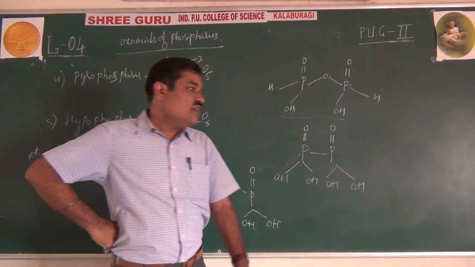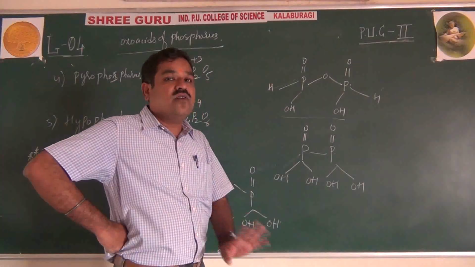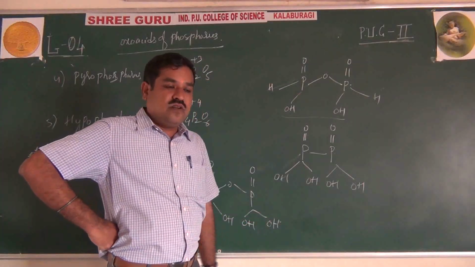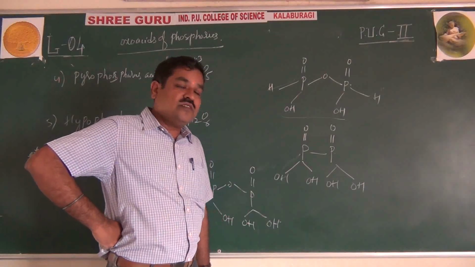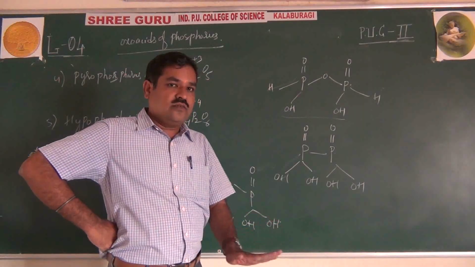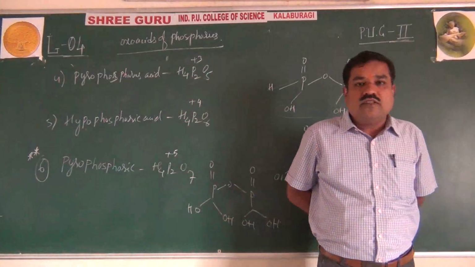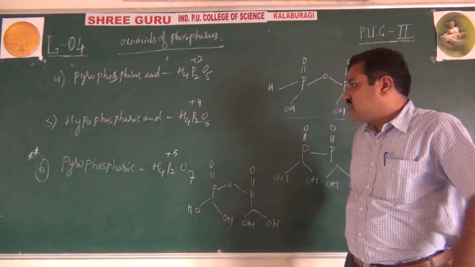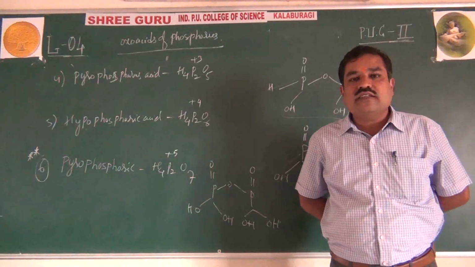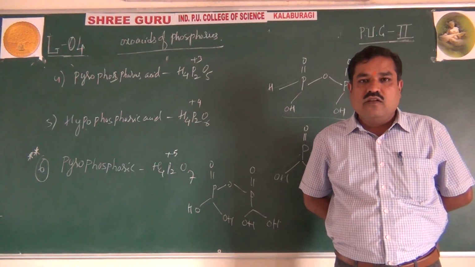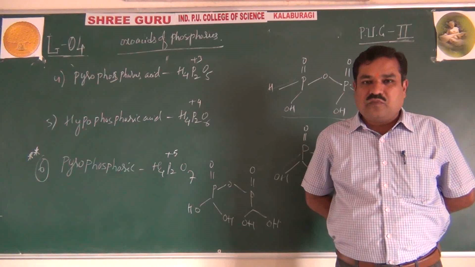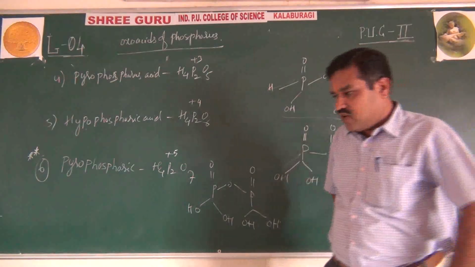That depends upon the POH bond, not the PH bond. If they contain a PH bond, they are reducing agents. If they contain a POH bond, they are ionizable. But in all, the phosphorus atom is sp3 hybridized, whether it is lower or higher oxidation state. And lower oxidation state generally will disproportionate to higher oxidation state.